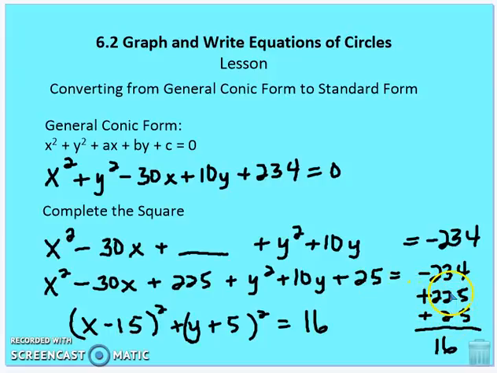So adding 250 to negative 234 leaves us with a balance of 16. 16 is the r squared value. So now we see that we've converted general conic form of this equation by completing the square into squared binomials. We end up with a center of (15, negative 5) with a radius of 4.